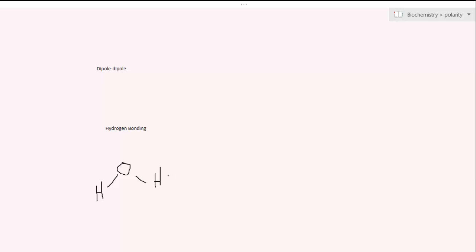And it interacts with another molecule that has oxygen, nitrogen, or fluorine, not necessarily bonded to hydrogen. For example, let's take CH3F. The interaction between the hydrogen, which is partially positive, and the fluorine, which is partially negative, since fluorine is more electronegative than carbon.